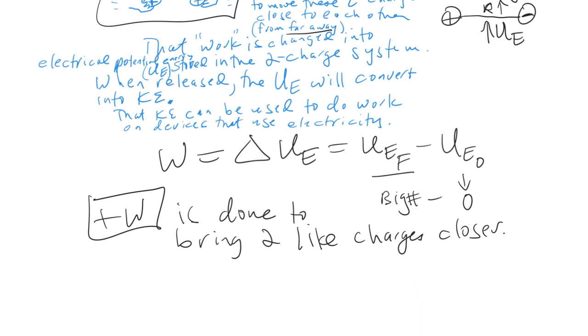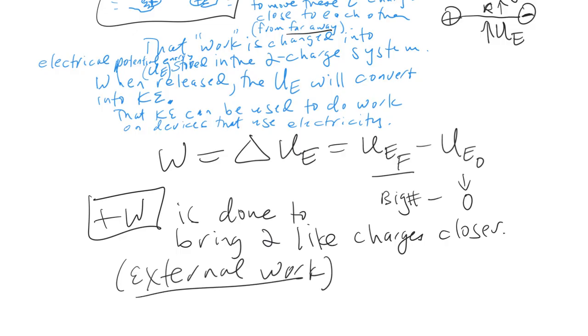Okay, this is external work. I'm working against the field. These positive particles, these like particles, don't want to come closer together. They resist coming closer together. So the external work is positive.